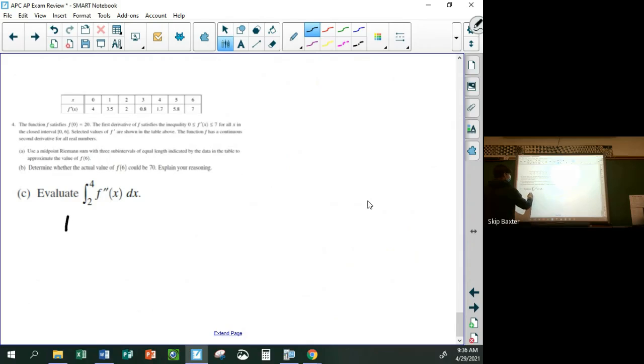Would it just be 1.7 minus? You've got to show work. This is a free-response question. So I would write equals f prime and then a vertical line, and then equals f prime of 4 minus f prime of 2. Like actually write this for f prime of 4.